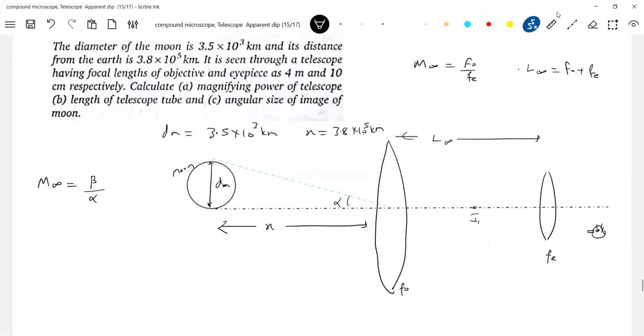With the help of this, we'll get alpha. Then beta is what he's asking. So F naught by Fe, and alpha you can write as dm by x. You'll get that angle.